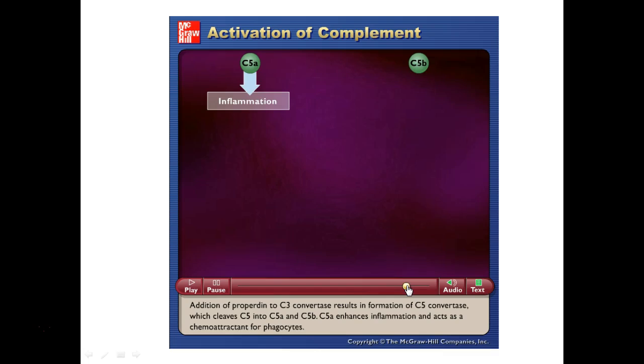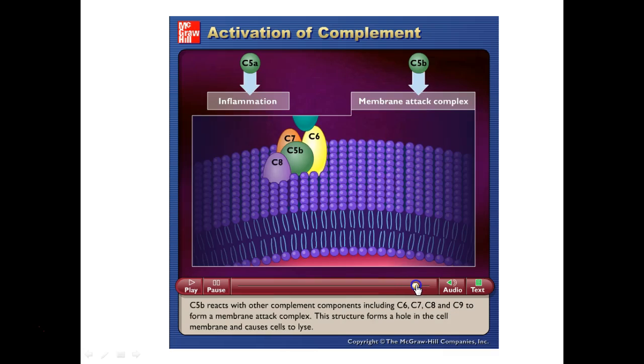C5b, stuck on 3. This one interacts with several other of the proteins, of which I'm not going to make you memorize all of them. Instead, what do they form? What is this called? The MAC complex. MAC, M-A-C.